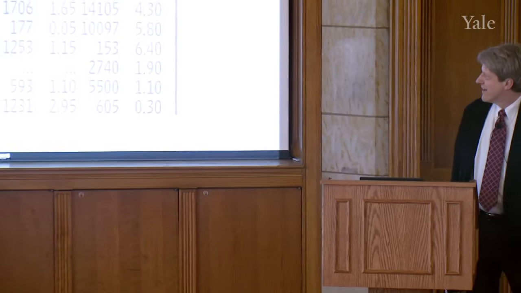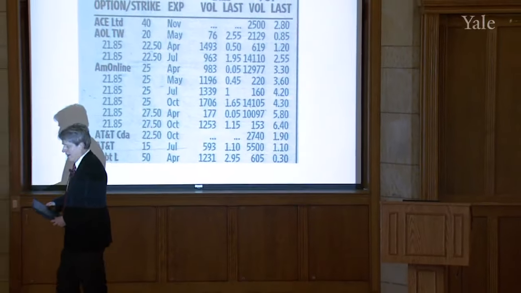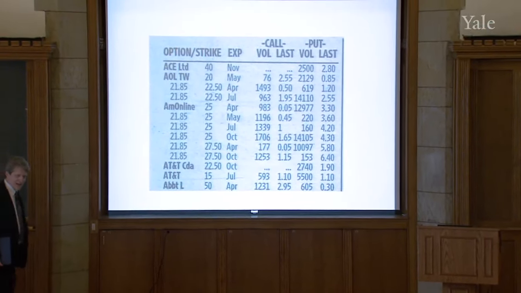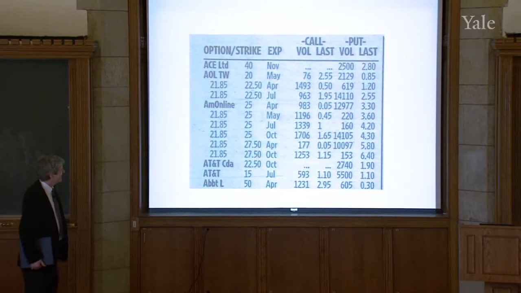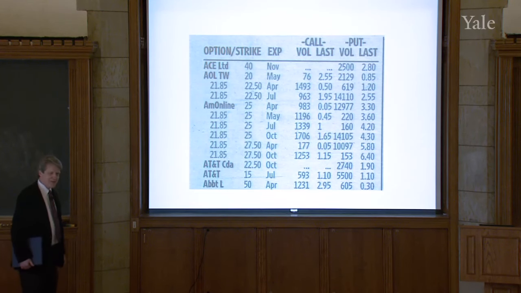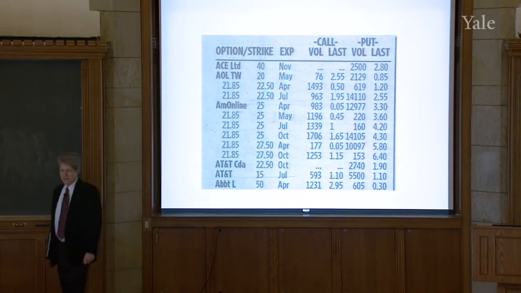So this is a clipping from the Wall Street Journal, April 2002, when they used to have an options page. And I just picked America Online, I don't know why, it's an interesting company. Do you remember America Online? Web presence. It used to be bigger than it is now.